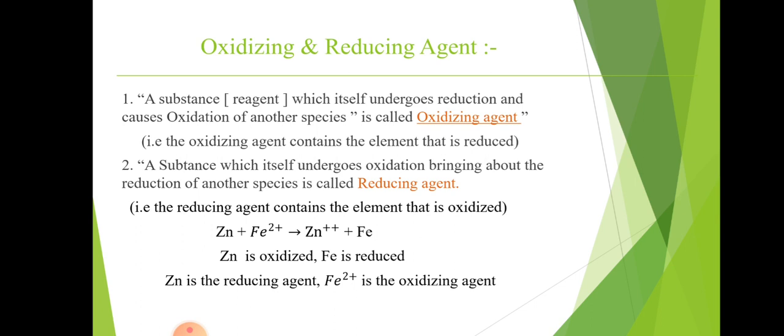Now secondly, the reducing agent. A reducing agent is a substance which itself undergoes oxidation, bringing about the reduction of another species. Now these are the definitions of oxidizing and reducing agent.